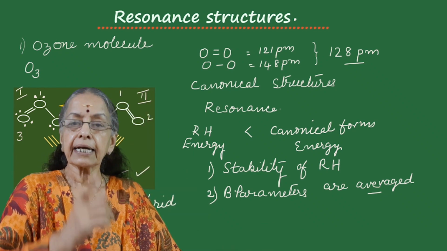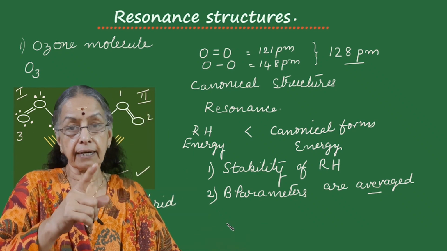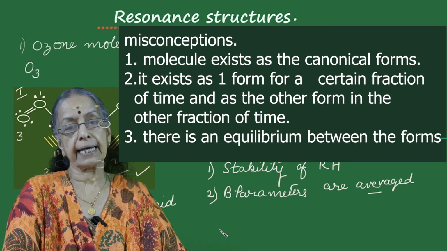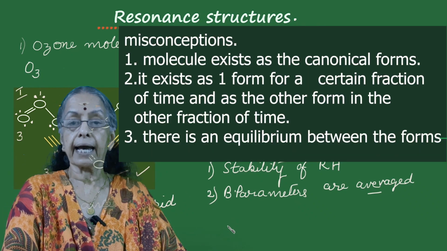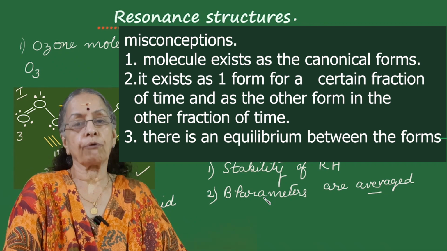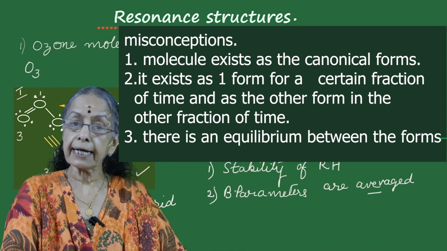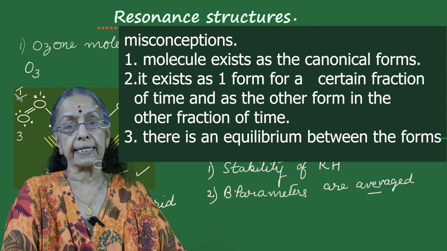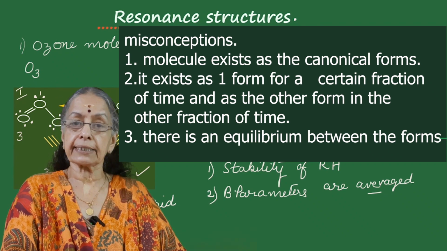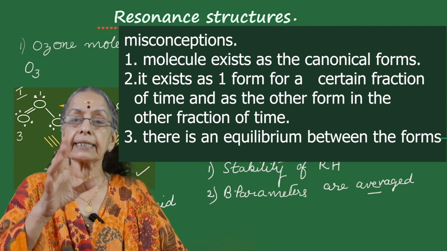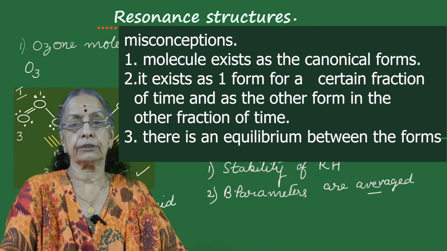Now let us see a few misconceptions regarding resonance. One misconception is that the molecule exists as canonical forms. Another misconception is that for a fraction of a time it exists as, say, structure number 1, and for the other fraction of a time it exists as structure number 2.